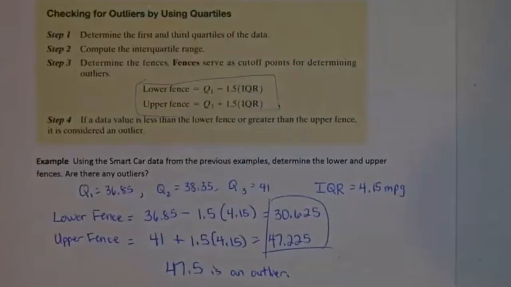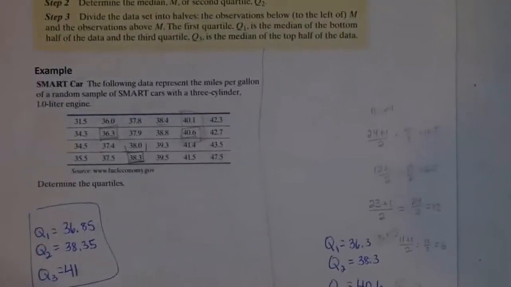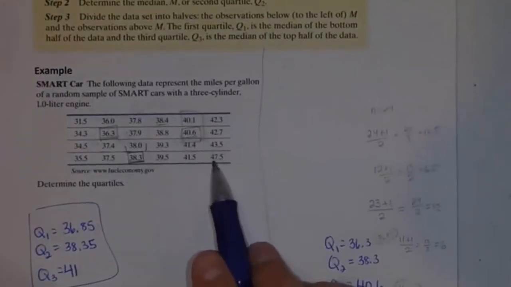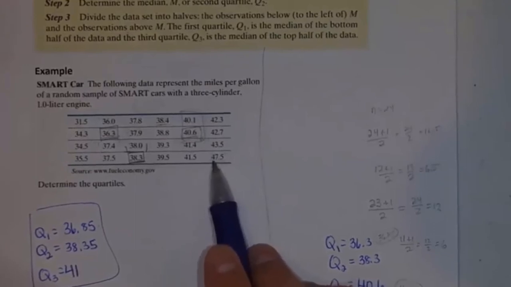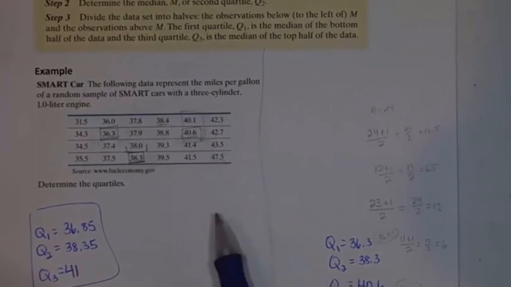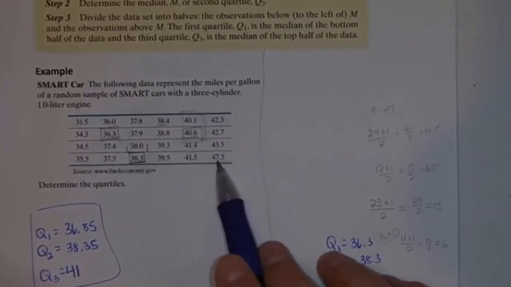One purpose for finding outliers is that oftentimes if you find an outlier, it could be that it's a data entry mistake. Like for example, maybe somebody goofed up. Maybe that 47.5 was supposed to be 41.5 or 42.5, but whoever wrote it down wrote it messy, and whoever read it next misinterpreted it.